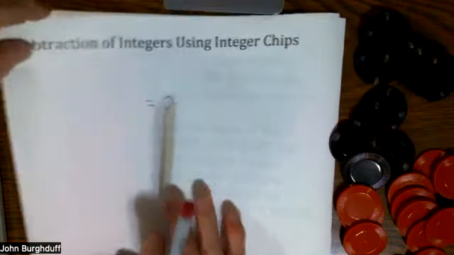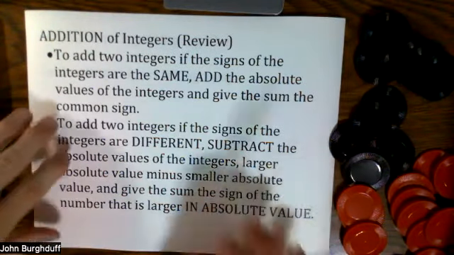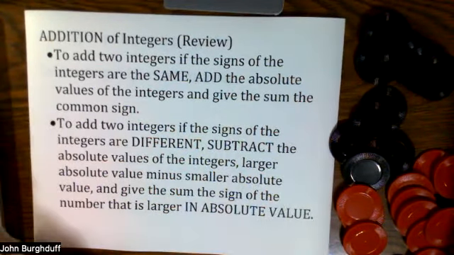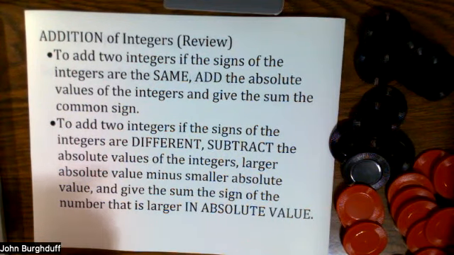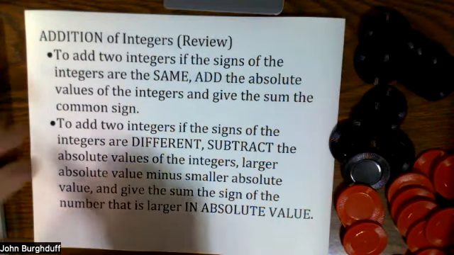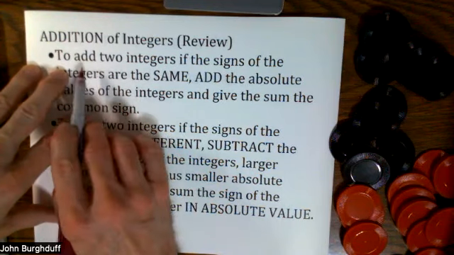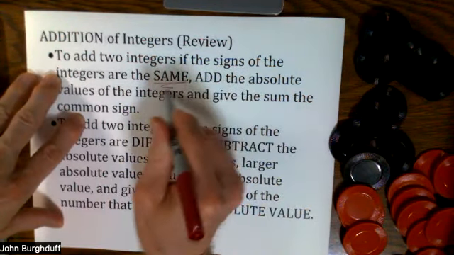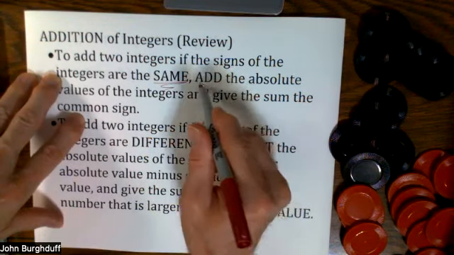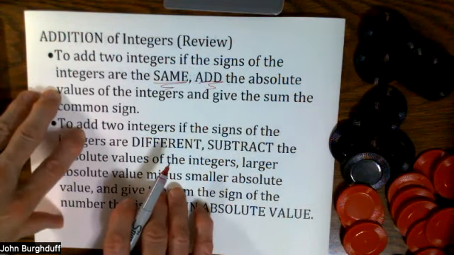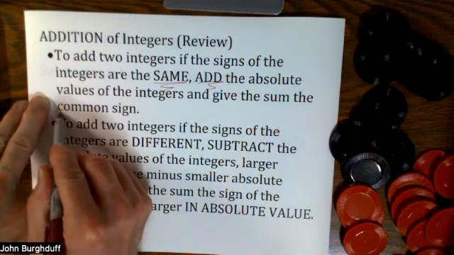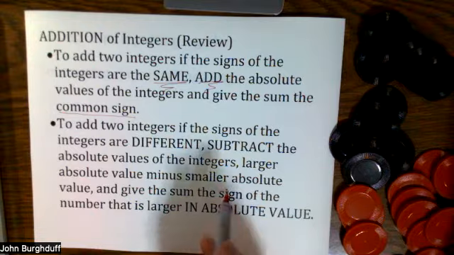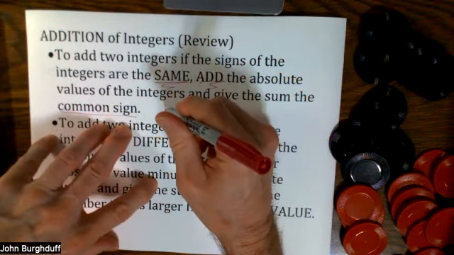I want to also just remind us of what we learned from the previous video, which are some nice rules for what you do when you add two integers. If the signs of the integers are the same, you add the absolute values of the integers and give the sum the common sign. What does that mean? Well, let's do an example that's kind of straightforward.